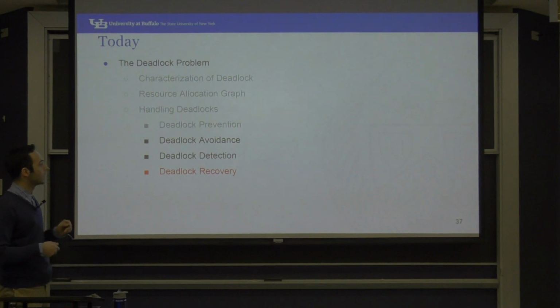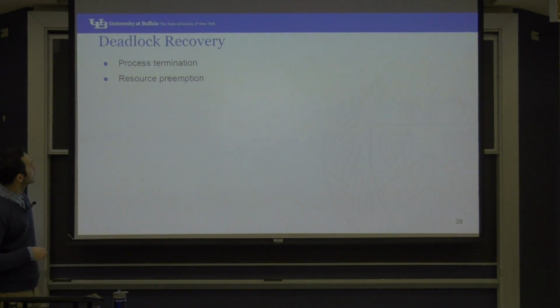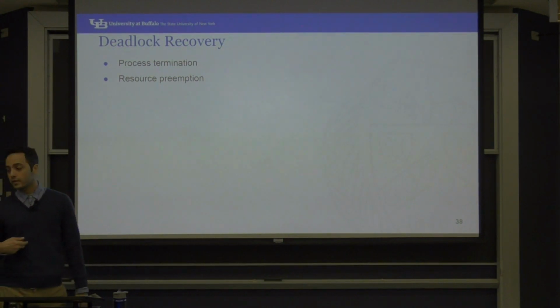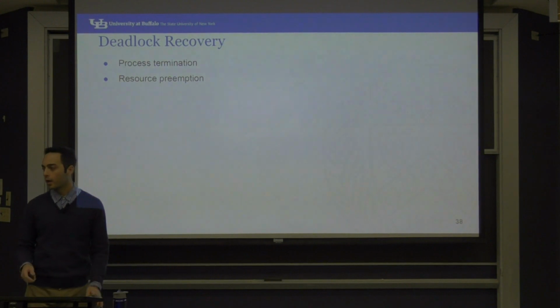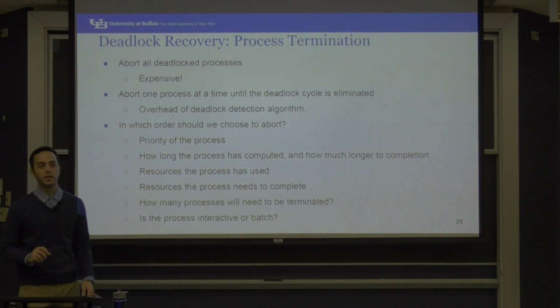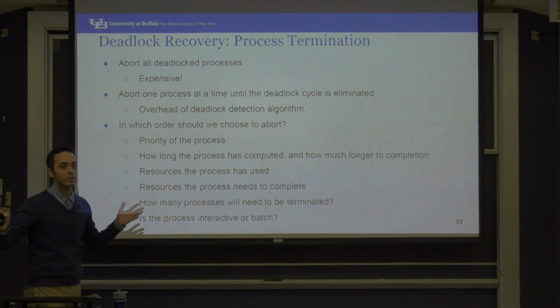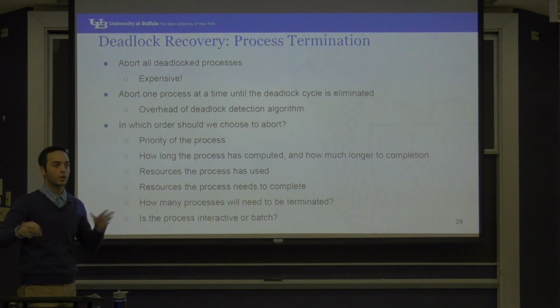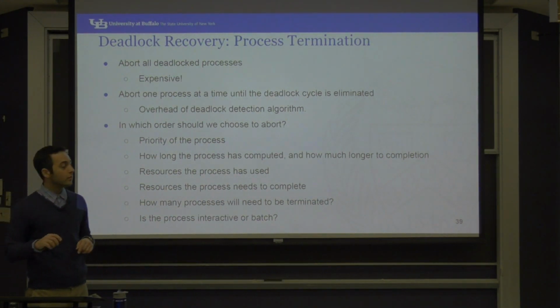Let's see what happens here. So when we have a deadlock, what can we do about it? We can either terminate the processes or preempt the resources held by them. Okay? So the termination of the processes is that, when we have a deadlock of some processes, one way is to terminate all of them and just start them all over or at a different time, which is expensive.